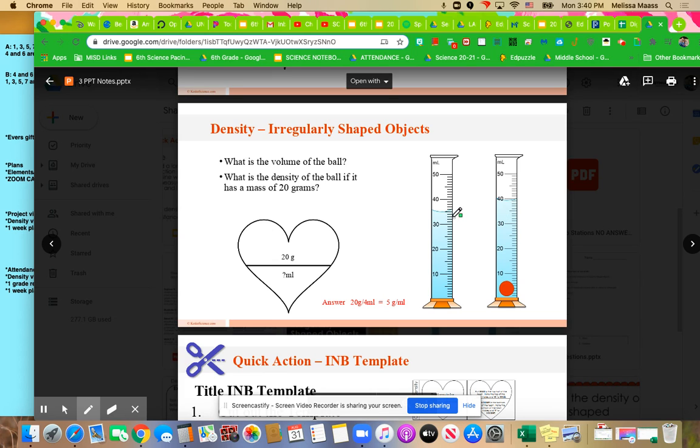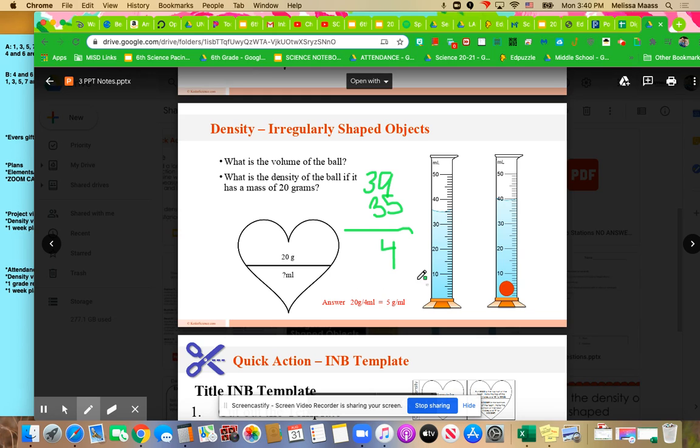So on this meniscus, it looks like it's about 35. So the beginning volume is 35. Put the object inside, and then it rose to about, what is that, 39? Yeah. So 39. We're going to subtract the 2, and you get 4, okay?